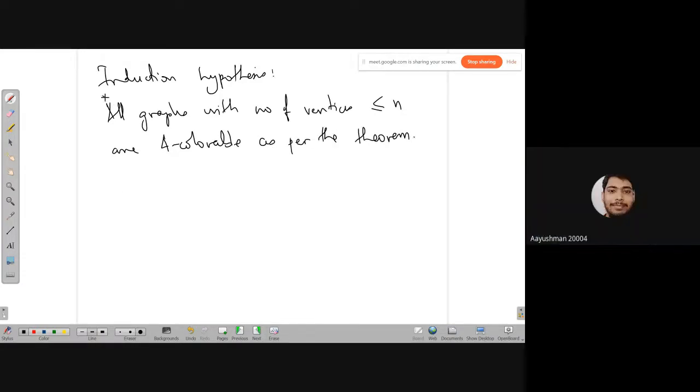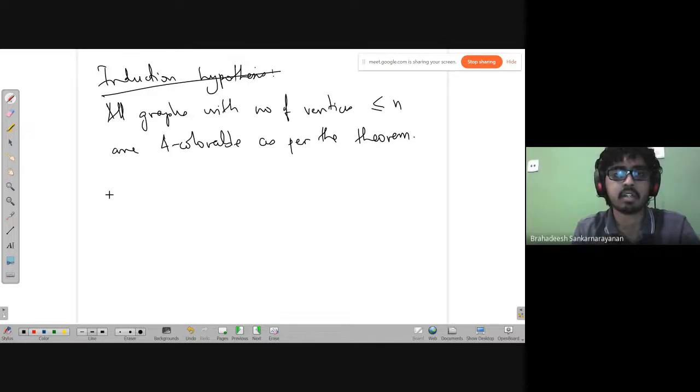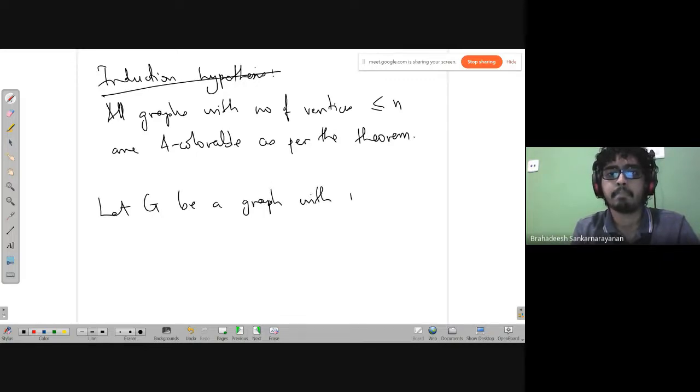Okay. So assume this hypothesis and now let G be a planar graph with n plus 1 vertices. This is our setup.